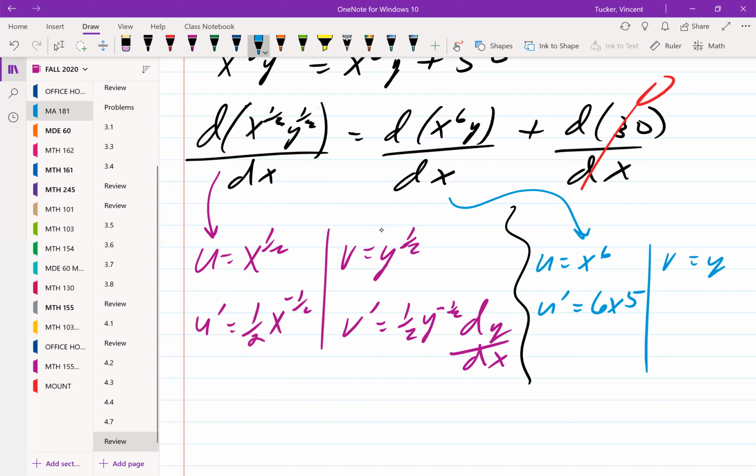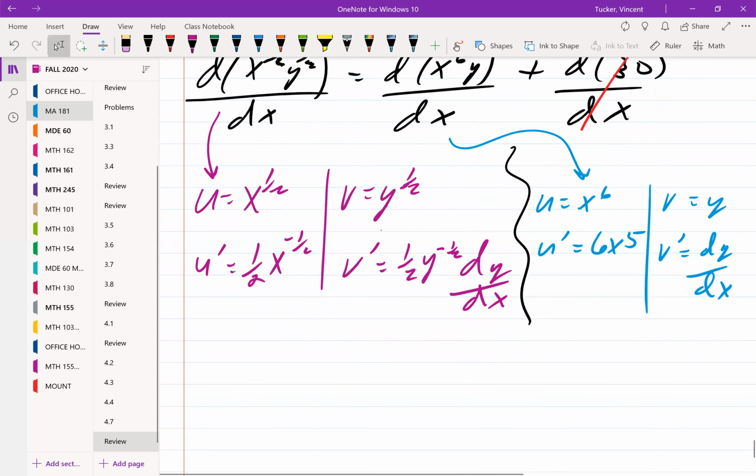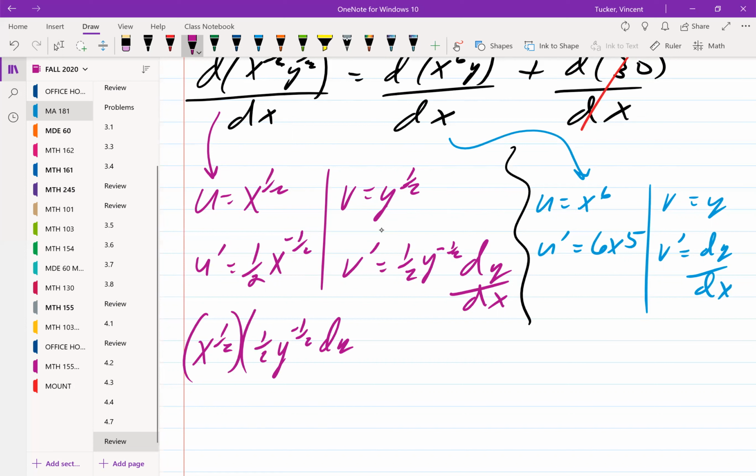And then v is y, v prime is dy dx. So u times v prime plus v times u prime.